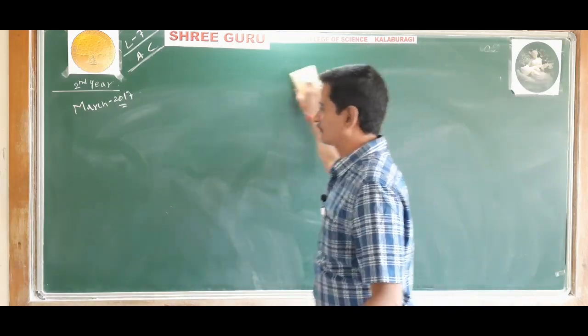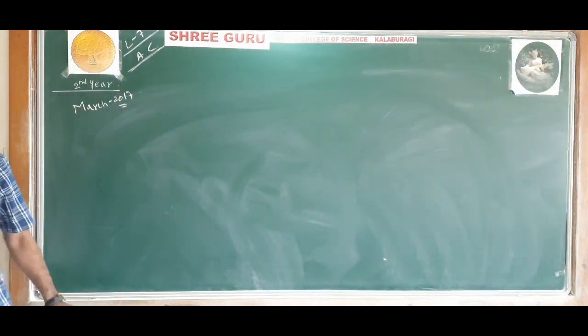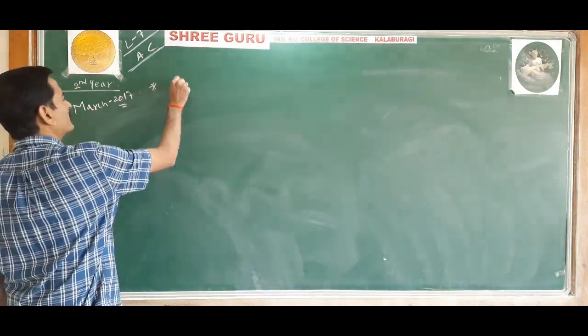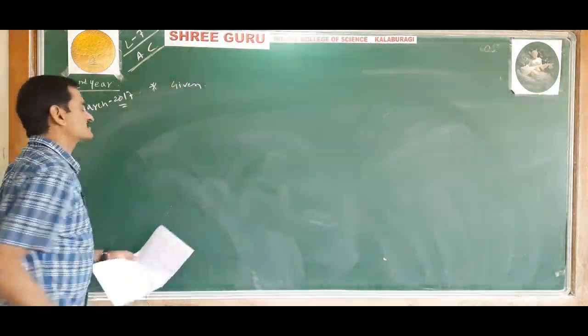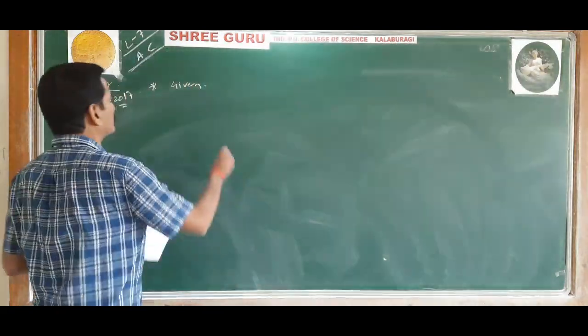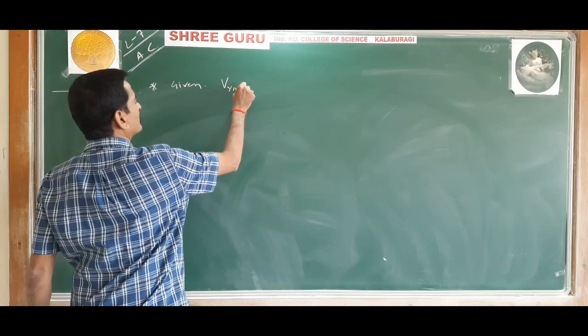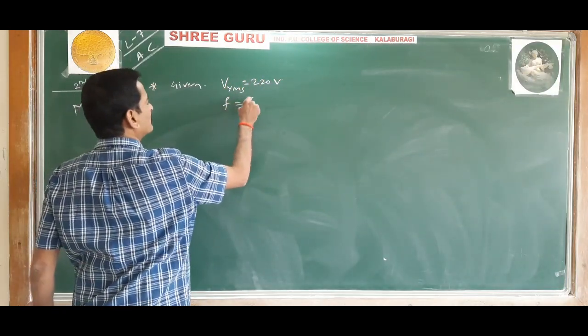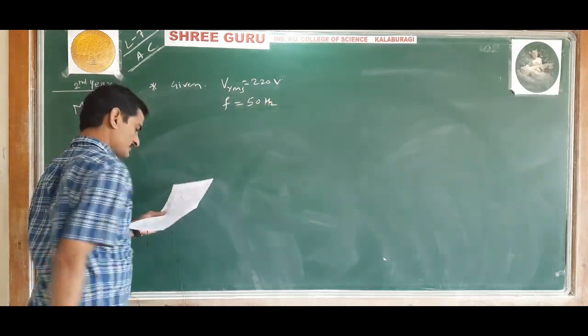Pause the video and try to solve on your own. Okay. So first write the given data. Read the question, then you will understand what is given. A source of alternating EMF of 220 volt, that is VRMS equal to 220 volt, and frequency is 50 hertz.